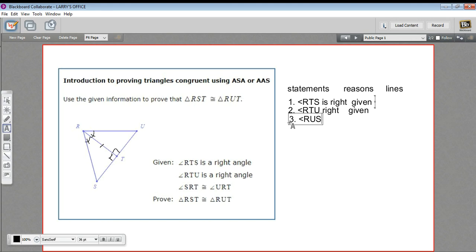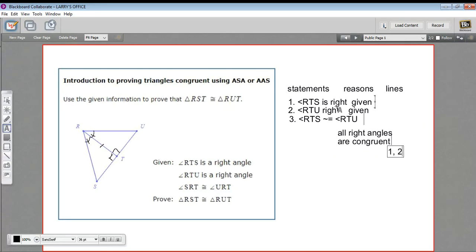That might seem like it goes without saying, but nothing goes without saying in a proof. So I'm going to write here angle RTS is congruent to angle RTU. And the reason is that all right angles are congruent. And this refers to lines 1 and 2.